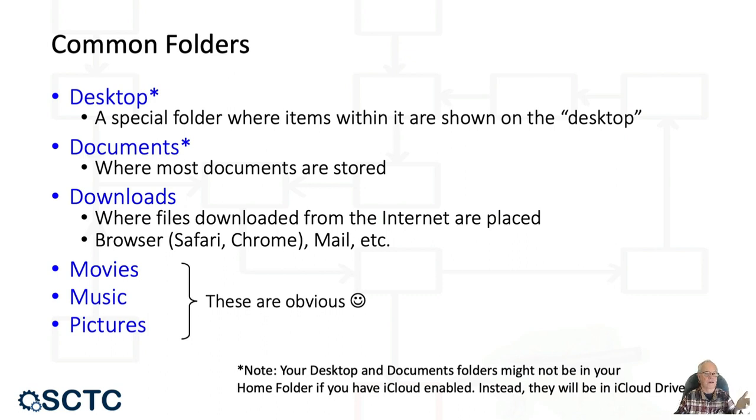So it's available on other devices as well as being protected should something happen to your computer. So go take a look at that. If you go to your top level folder, your home, and you don't see Documents and Desktop, then they're in the iCloud Drive. And you can switch that back and forth. We could talk about that later.